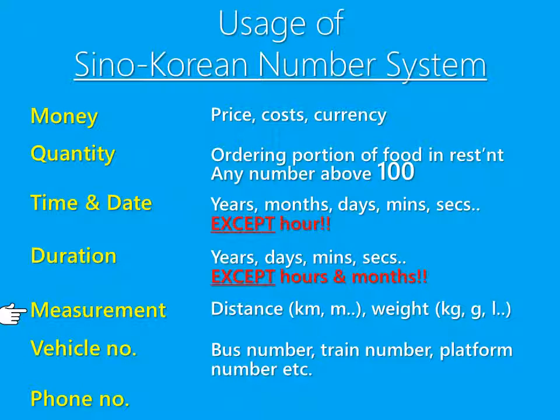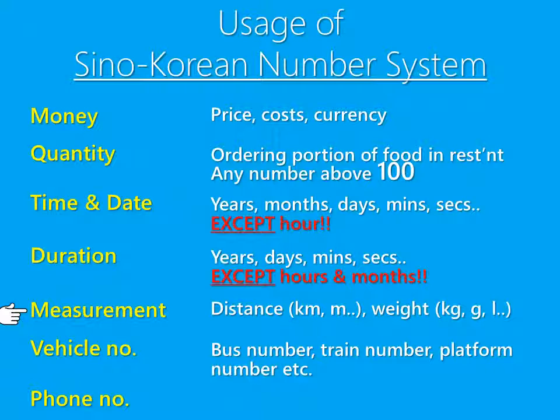In the same theory, all these units that were introduced after the Enlightenment period, such as kilometers, meters, kilograms, liters, you know, these kind of units, that Koreans in old days did not use, but they were introduced to Korea after the Enlightenment period.